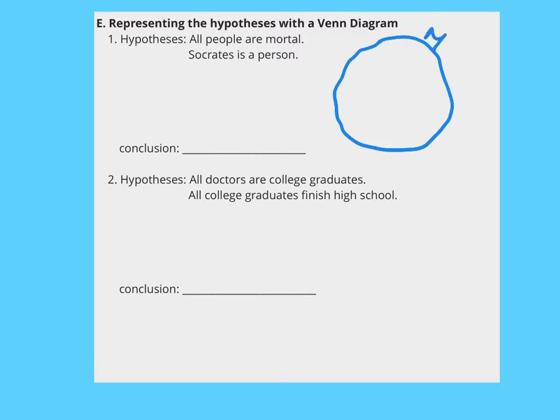And then inside the mortal group, we have a group that fits inside there, and that's people. People are mortals. And inside of that, it says that Socrates is a person. So Socrates belongs inside the people circle. We're going to use a little dot to represent Socrates.